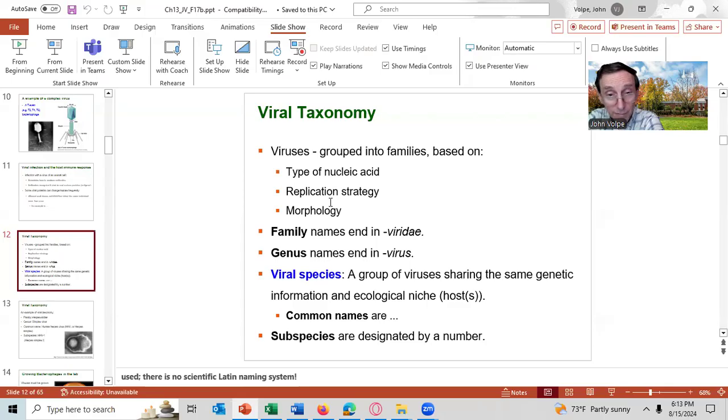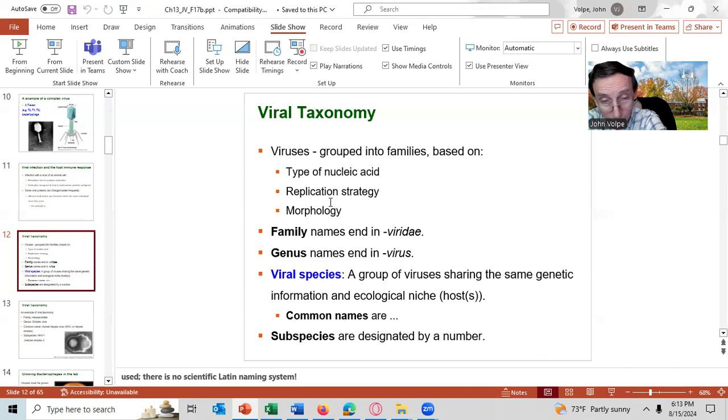Viral species have common English names, and that's all we have, meaning the poliovirus only has poliovirus as its common English name. There is no Latin name for viruses. And surprisingly, all of the early virologists were English speaking.